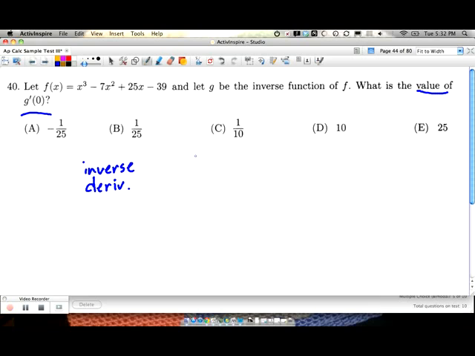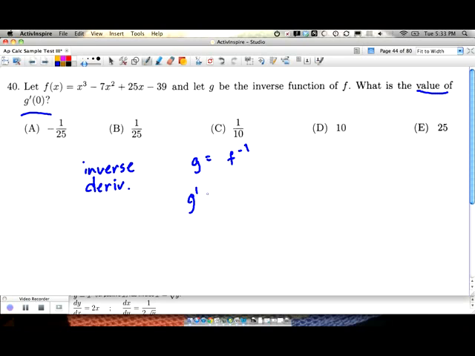And for an inverse derivative, if g equals the inverse of f, and we're trying to find g prime, it's actually going to be a little formula. G prime is going to be equal to 1 over f prime of x.